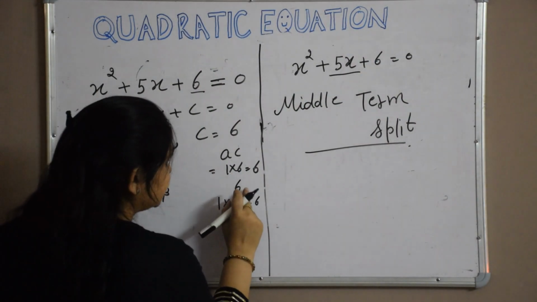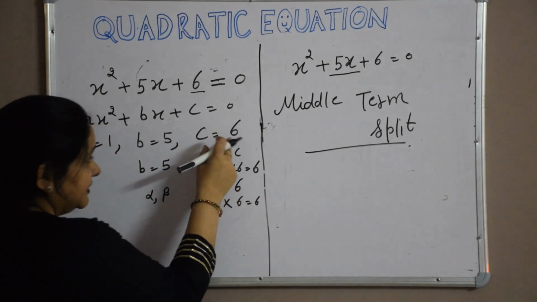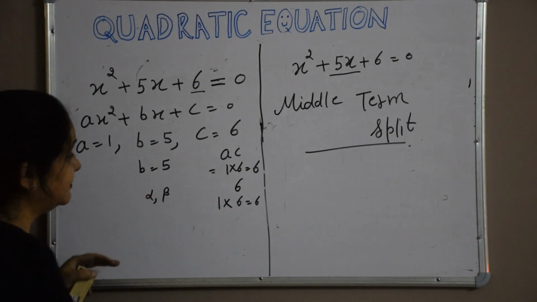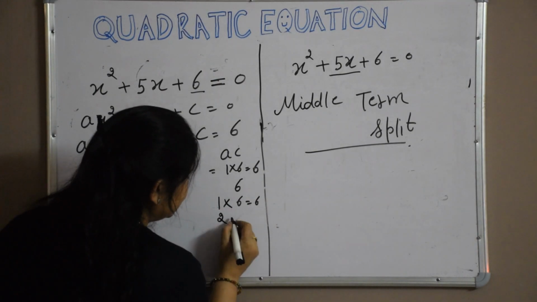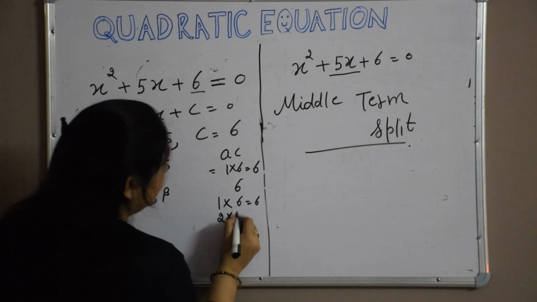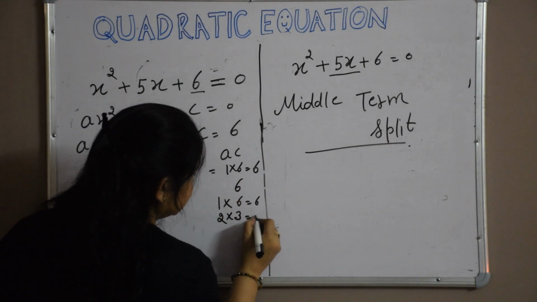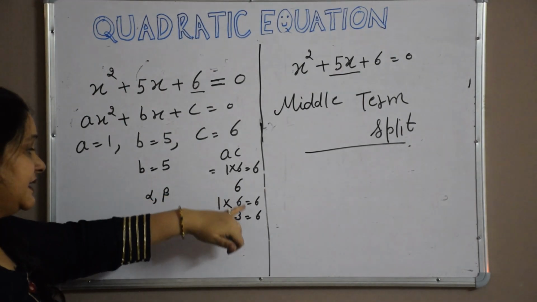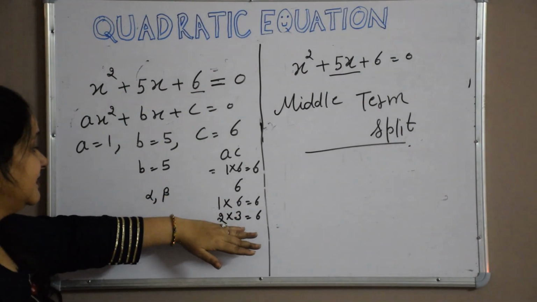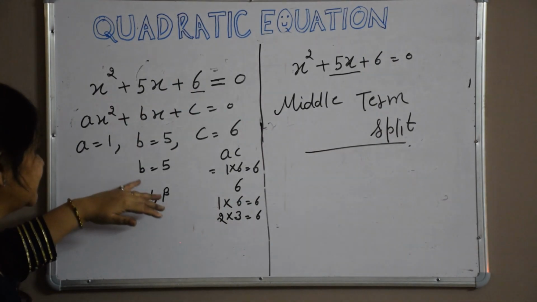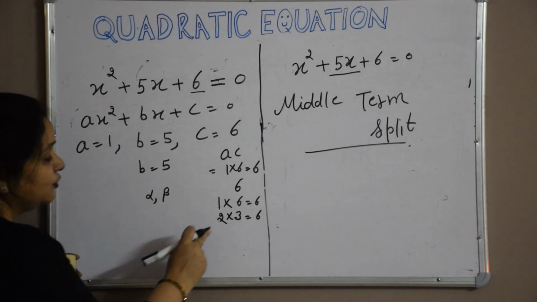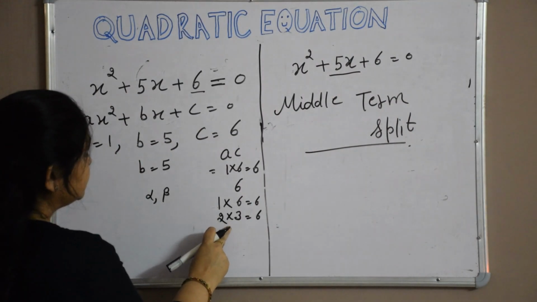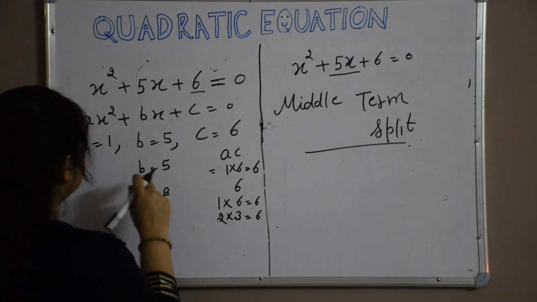Now we will take the next number, 2. 2 times 3 is 6, so the product I already got, and I have to check whether these two numbers satisfy the addition law also. Now 2 plus 3 is 5, so this is correct for us. 2 into 3 is 6 and 2 plus 3 is 5.